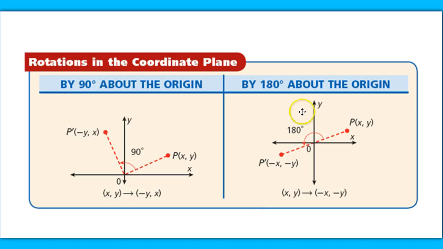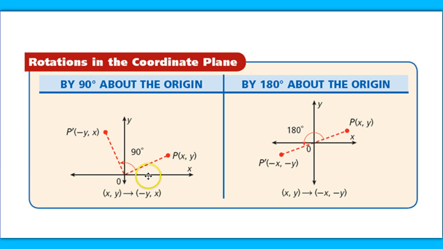In the coordinate plane, if we rotate about the point of origin, which is 0, 0, there's something interesting when we rotate using a multiple of 90. So if we rotate this point P 90 degrees about the point of origin, we end up at coordinates that are negative y, x. So if we go from x, y, we end up at negative y, x.